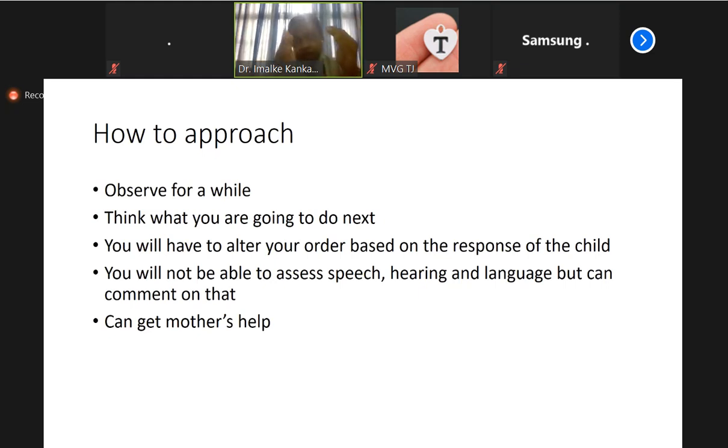If you can see the child is sitting on the bed, that means definitely head control is there. And if it is arched back, this is somewhere around 6 months. If it is straight back, this is somewhere around 8 months. So start with something which is compatible with 8 months.